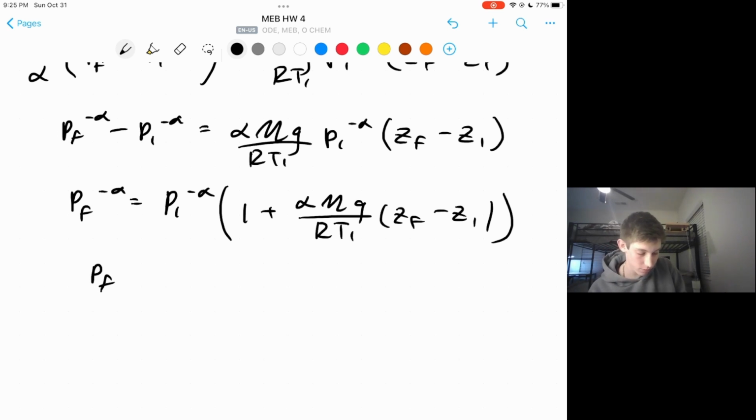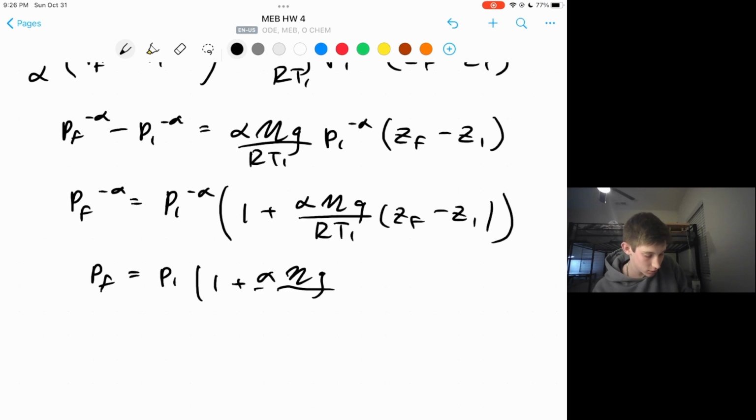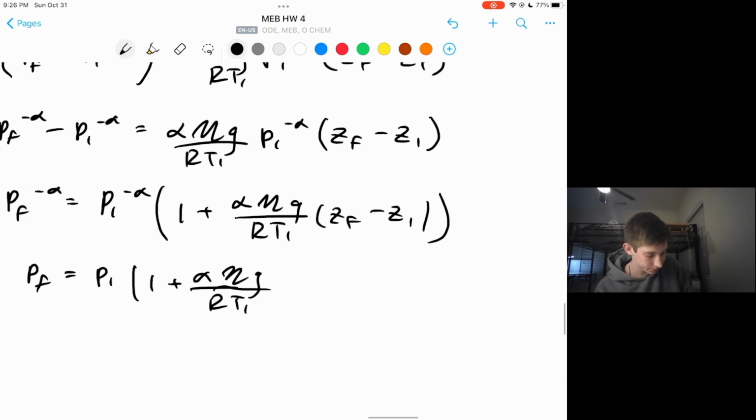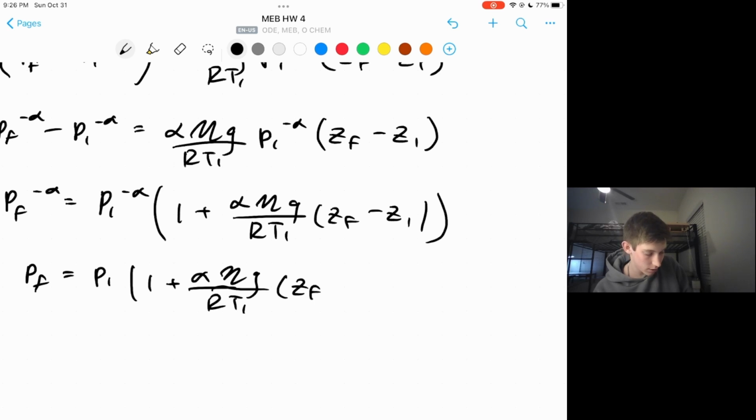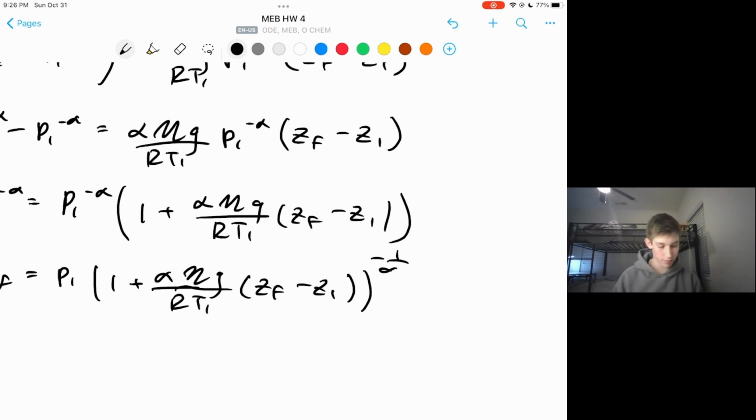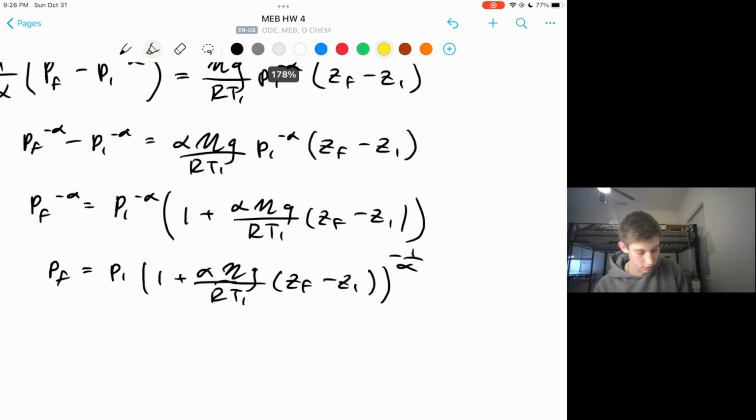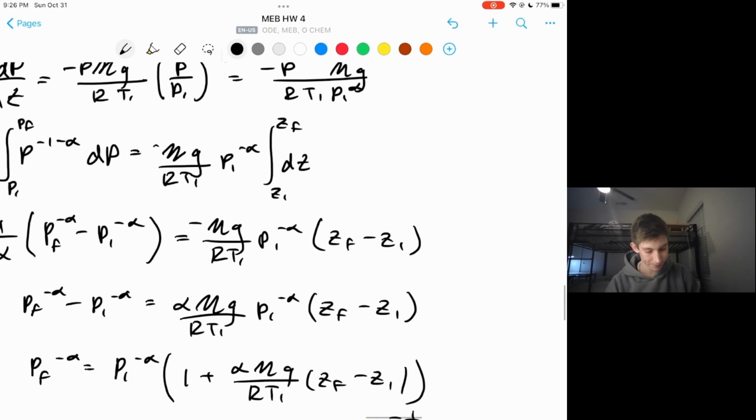So we have the final pressure equals starting pressure times 1 plus alpha molecular weight times gravity divided by R times T1 times the final altitude subtracted by the initial, all raised to the 1 over alpha power. So this here is the relationship for pressure when we combine these two equations up here.